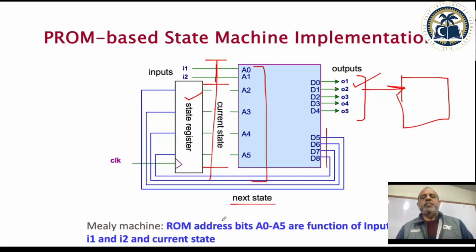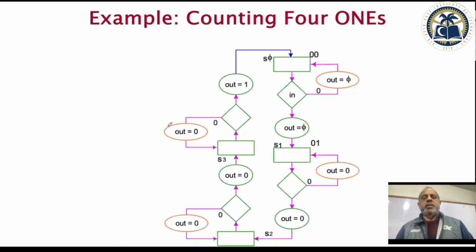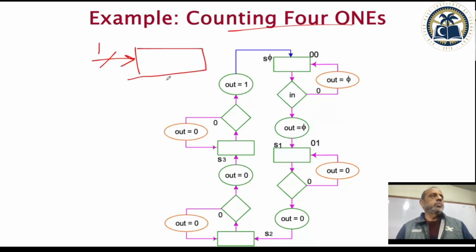Okay. For example, we did a very simple example of a state machine which counts the occurrence of 4 ones. So you are sitting on a serial interface, which is just a 1-bit interface, and you are getting a bit. So this is our design, and you are saying just keep noticing, and once you see 4 ones, you assert a 1 here.